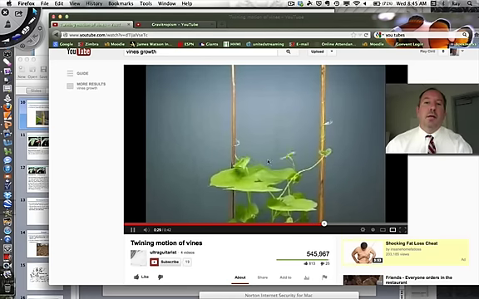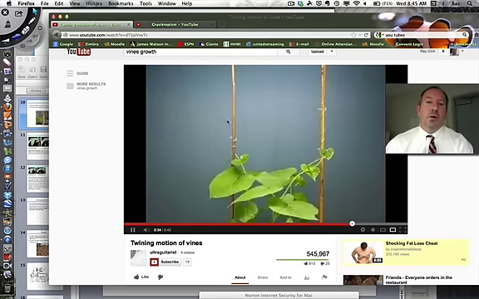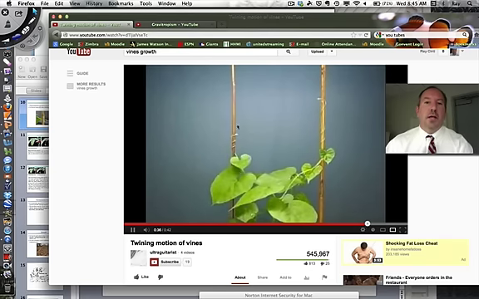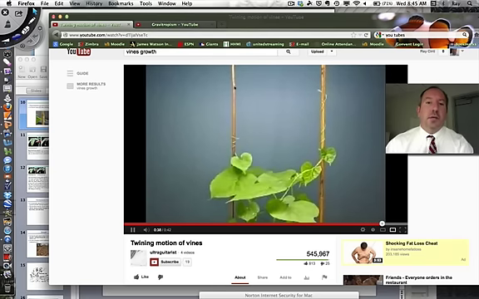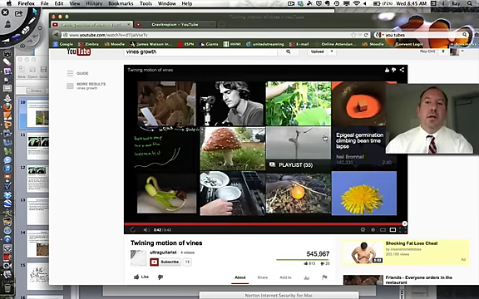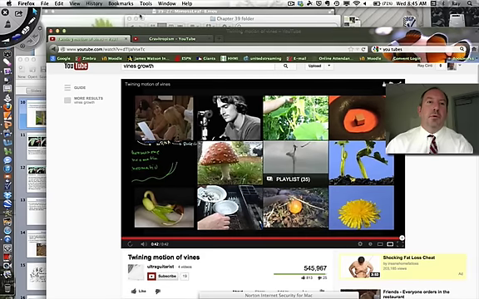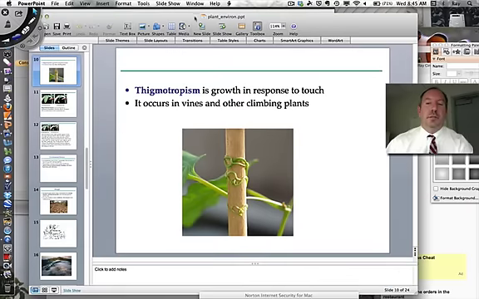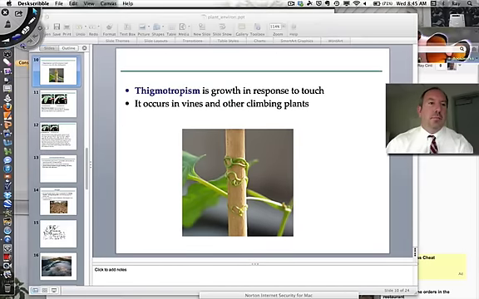And why is the plant doing that? That's a fair question. Well, obviously, or maybe not, it can use something else, another plant or a stalk or a rock, as a support. And so that's causing it to move around and it's helping the vine grow up and support itself. That's kind of neat. So thigmotropism. Let me come back up here.